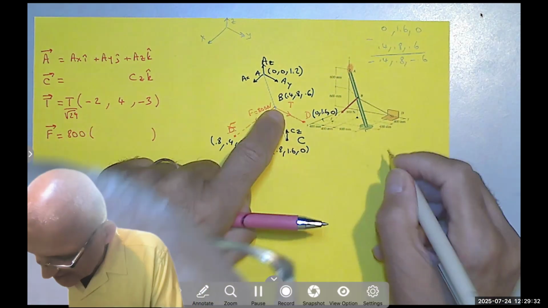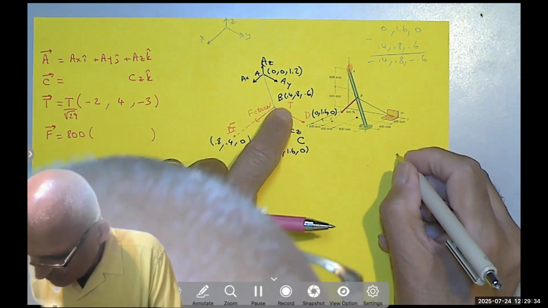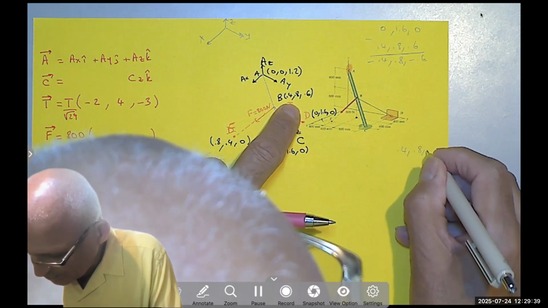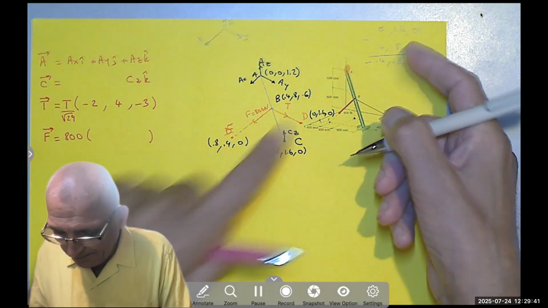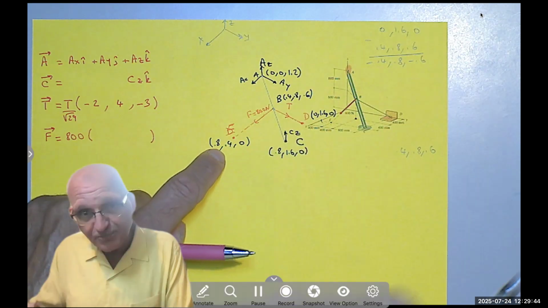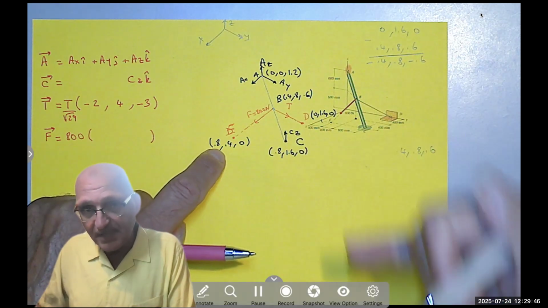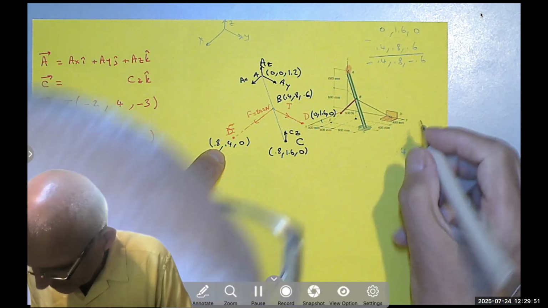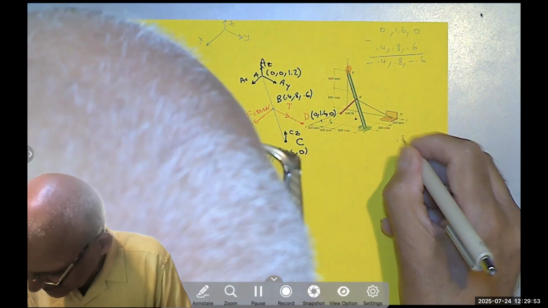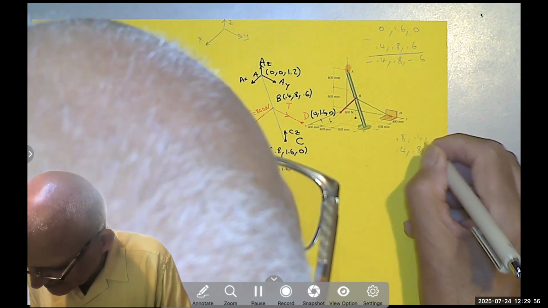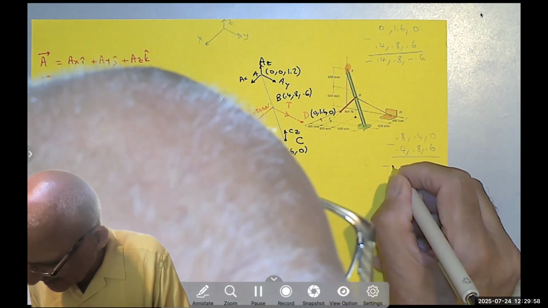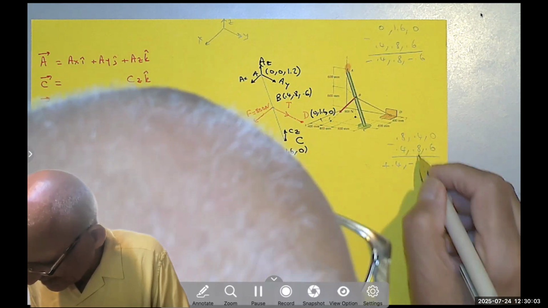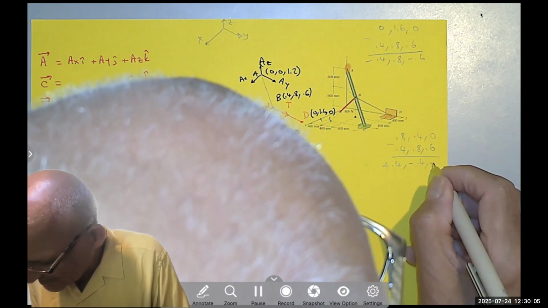Again, it starts at 0.4, 0.8, 0.6, the same as that guy, but it ends at 0.8, 0.4, 0, so I subtract the tail from the head, the initial from the ending, or terminal. So when I subtract, I get positive 0.4, negative 0.4, negative 0.6.